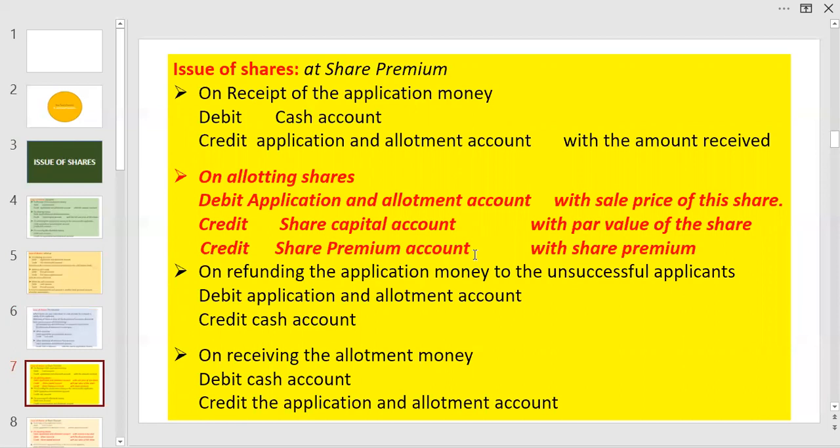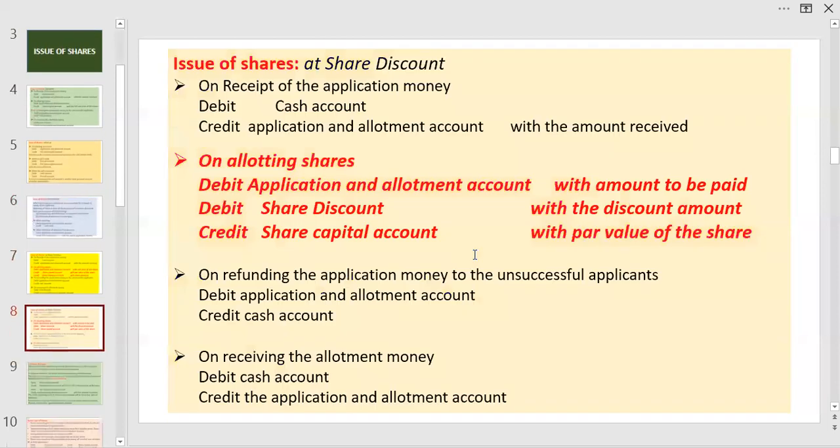The other situation is shares issued at a discount. This cannot be done unless it is permitted by a court of law. However, entries will be the same except the second one, which is highlighted, where application and allotment account is debited and share discount account is debited, but share capital account is credited with the full par value.